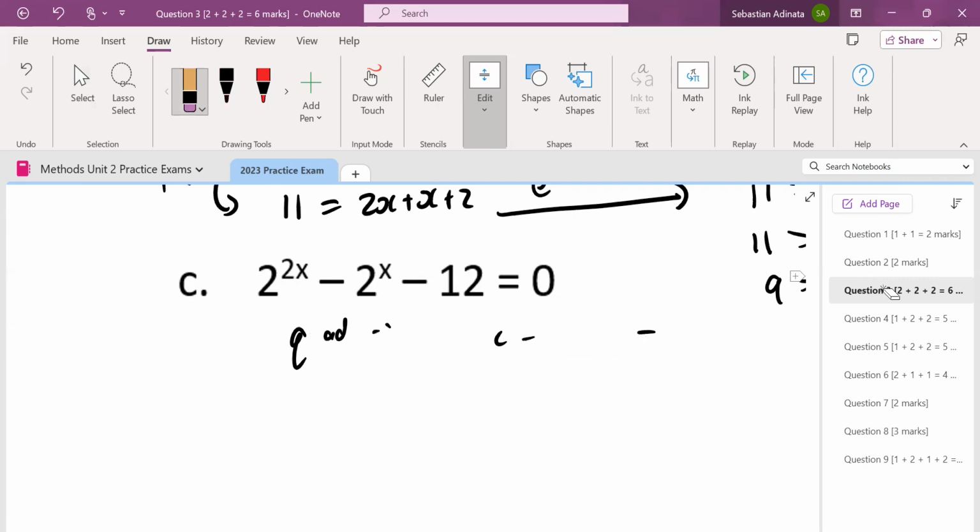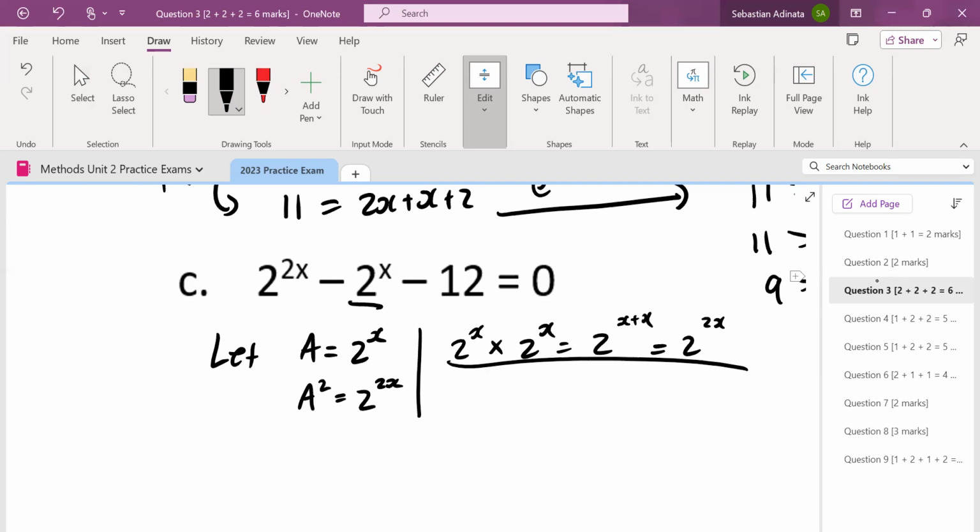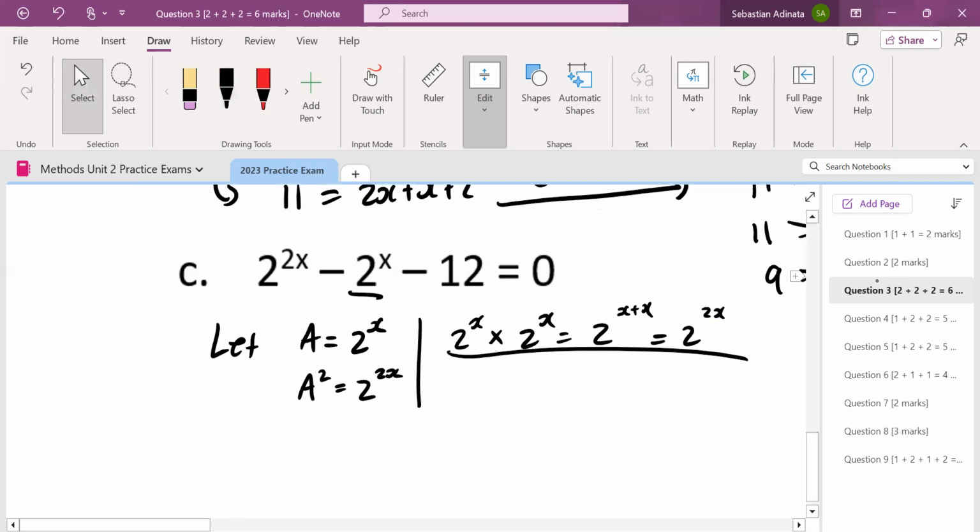The way we're going to do this is we're going to let a equal 2 to the x, and a squared is equal to 2 to the 2x, because 2 to the x times 2 to the x is equal to 2 to the x plus x equals 2 to the 2x. This is an indice law that we should be comfortable with.